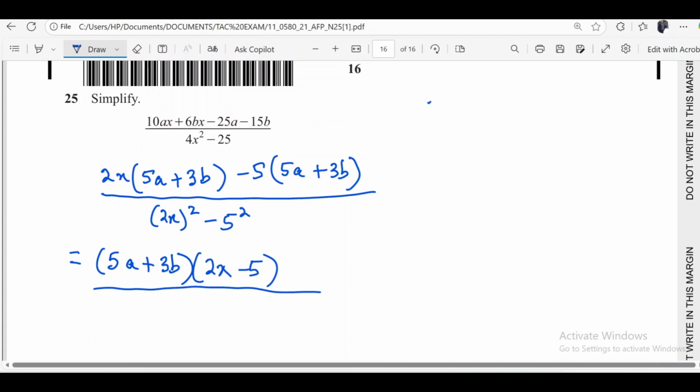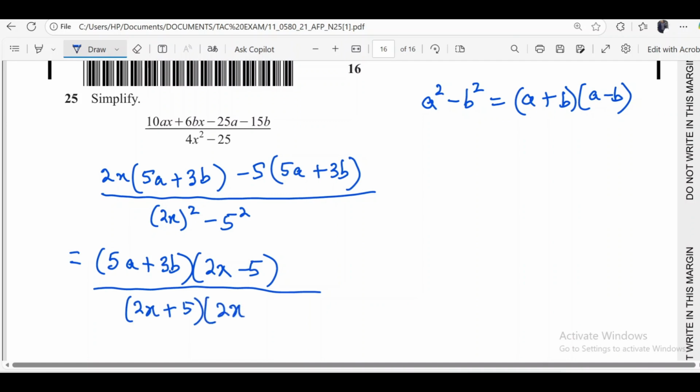If we have a squared minus b squared, it is going to be a plus b, and then another bracket, a minus b. So this is going to give us 2x plus 5, 2x minus 5. Okay, this is what we'll get.